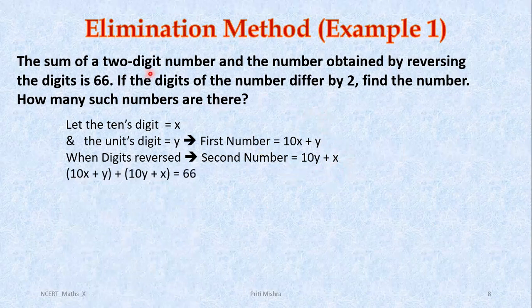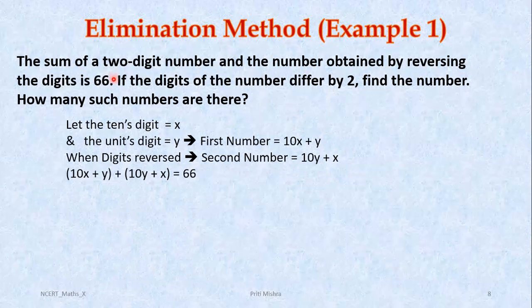Now, according to the question, the sum of the two-digit number and the number obtained by reversing the digits is 66. Means we have to add these two numbers and the result is 66. So 10x plus y plus 10y plus x is equal to 66.